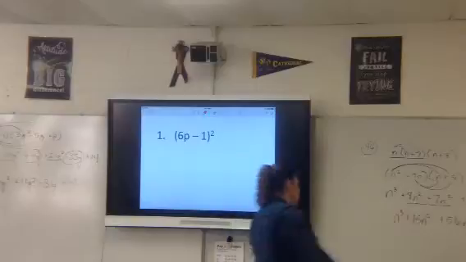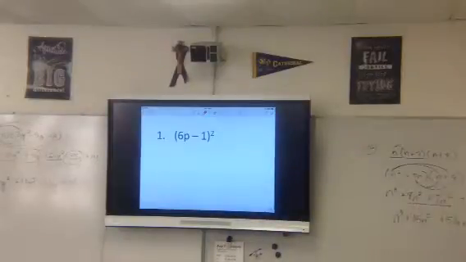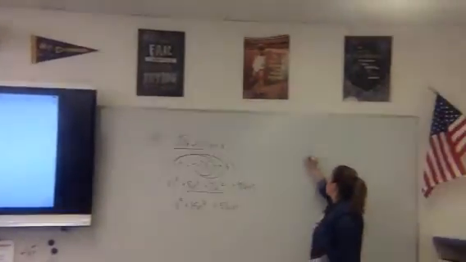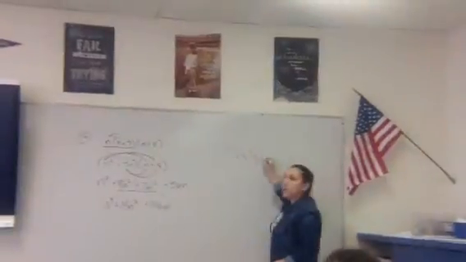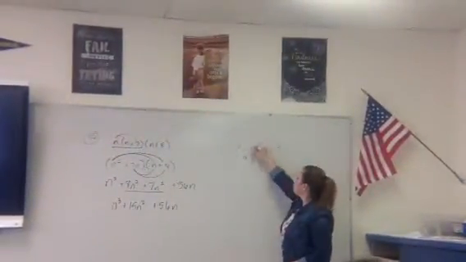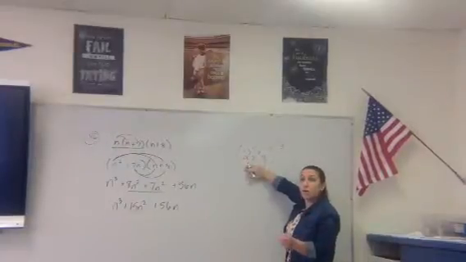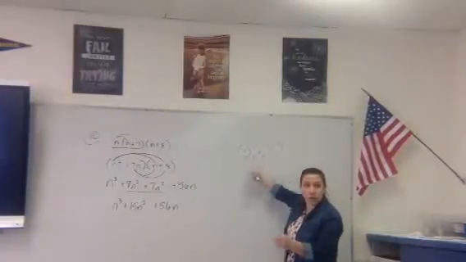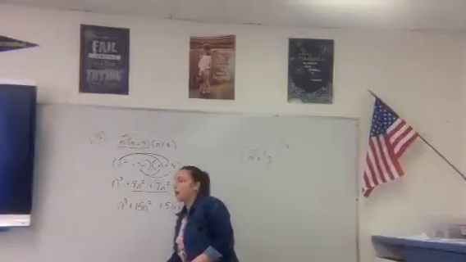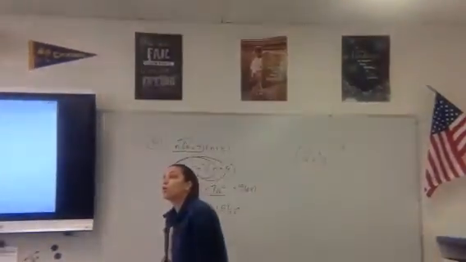So a lot of you, if you're thinking about it, this is something that we just did, right? This was on our last test, and we would just drop it into all 3 parts. It worked because it was a monomial. There was only one part, okay? When you've got a binomial or a trinomial, that no longer works.